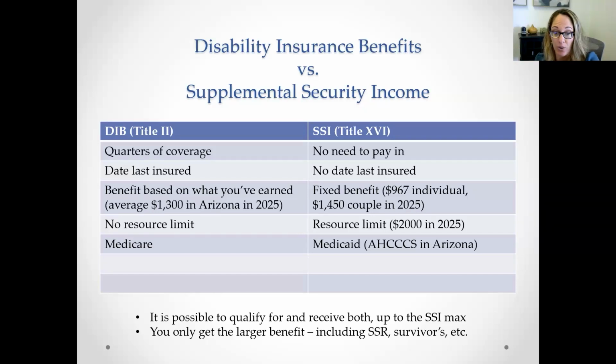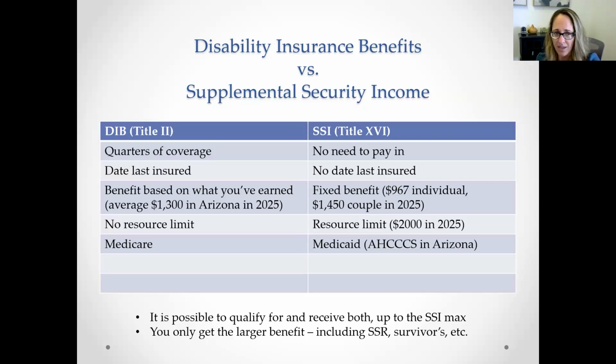It is possible to qualify and to receive both of these at the same time. And a lot of people, when they apply for disability, apply for both, and you should apply for both just in case you're not sure which one you're qualified for. Social Security will let you know, but you apply for both.